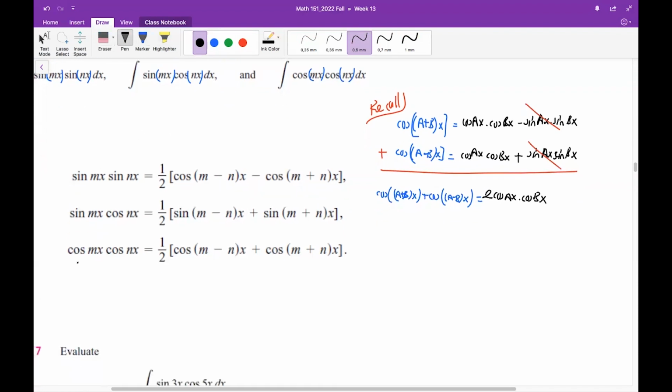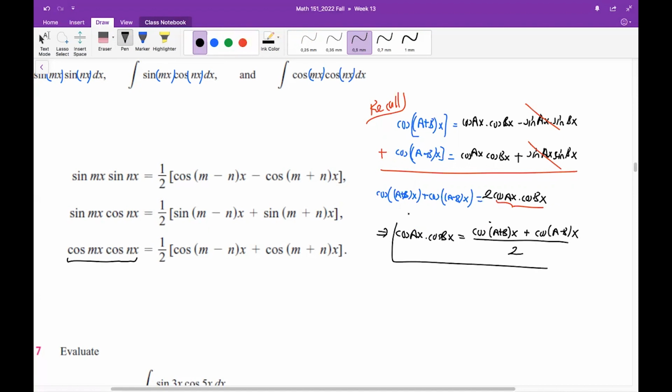And look at here. Here, I want to find the cosine mx, cosine nx formula. That's why we are just searching for this part. So just divide the left-hand side by 2 to obtain this. Okay, that's why I can write cosine ax times cosine bx as cosine of (a plus b)x plus cosine of (a minus b)x, divided by 2.